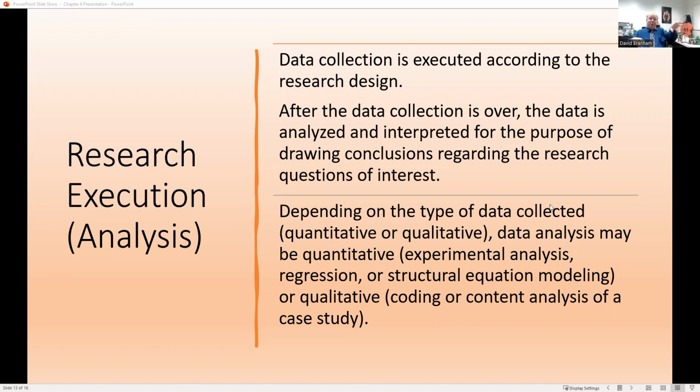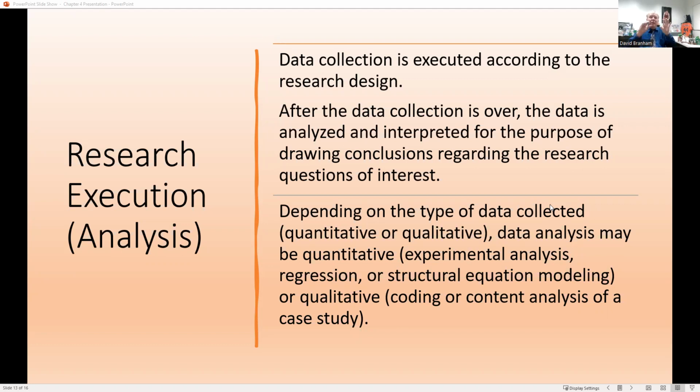So if you do a survey, you complete your survey. And for instance, if you're doing OLS regression, that's your plan in your research process, you run your regression, then you see what your results are. Depending on the type of data collected, whether it's quantitative or qualitative, data analysis may be quantitative: experimental design, regression, structural equation modeling.